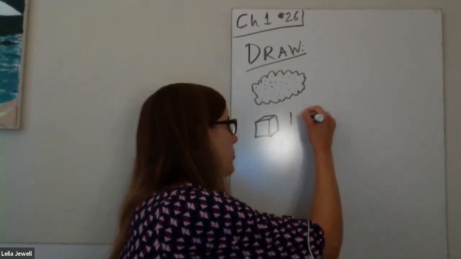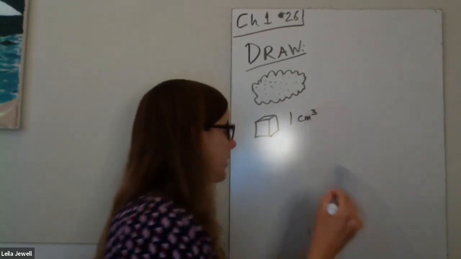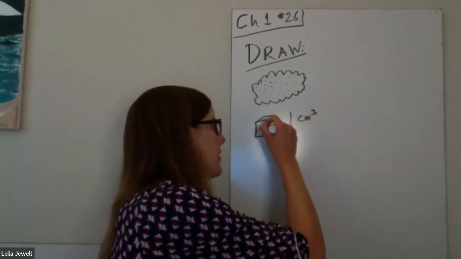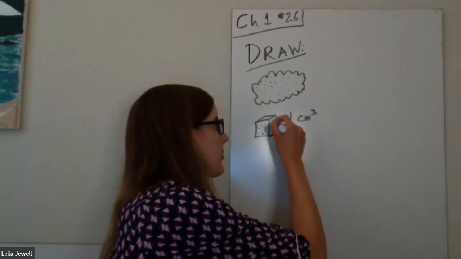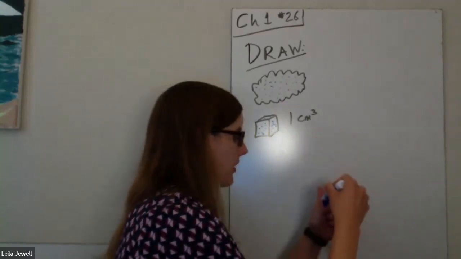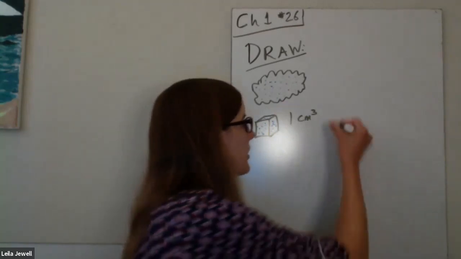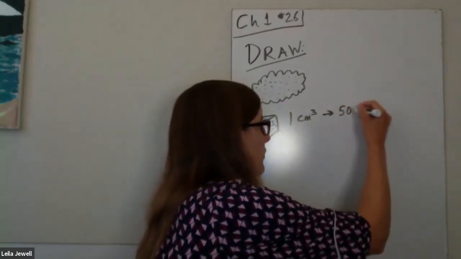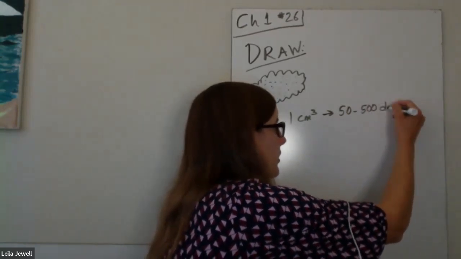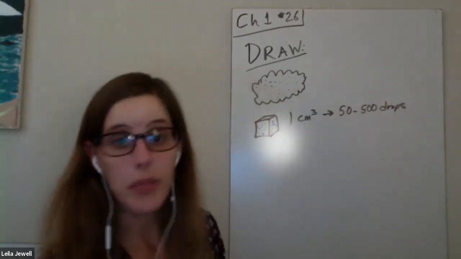Where this is 1 cubic centimeter, and it has a whole bunch of drops in it. This is getting a little more specific to the description of the problem, that within that 1 cubic centimeter, there are going to be 50 to 500 drops. Awesome. Sorry, my writing's a little messy there.